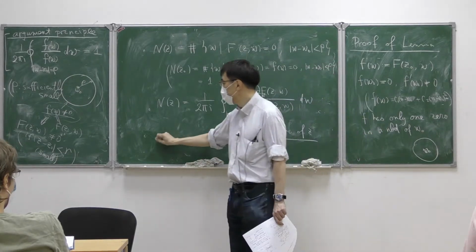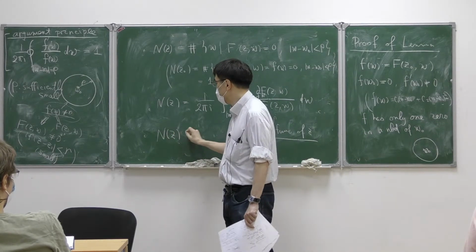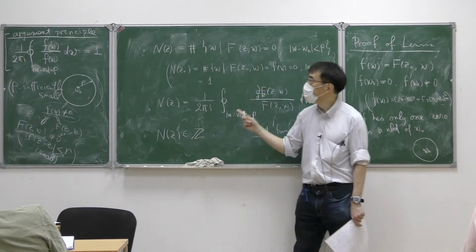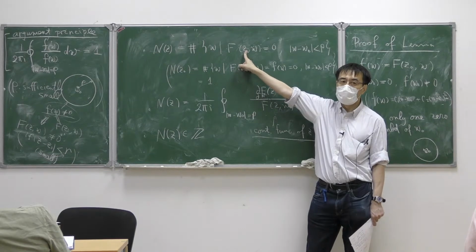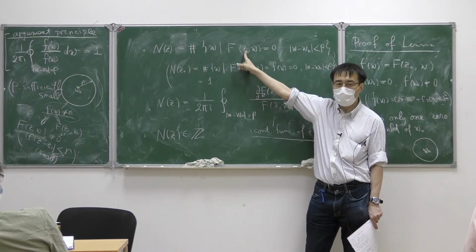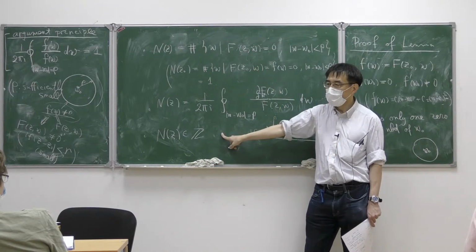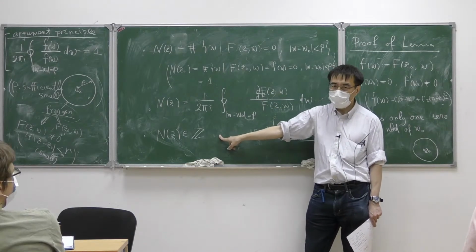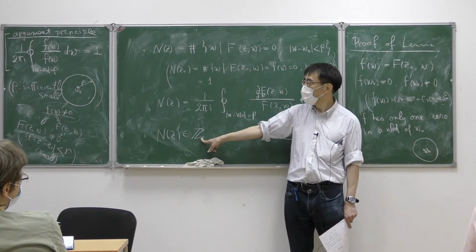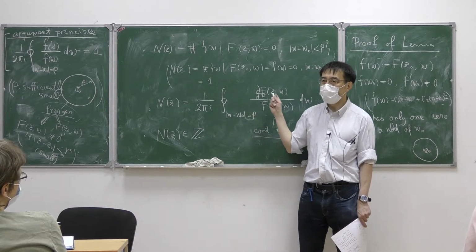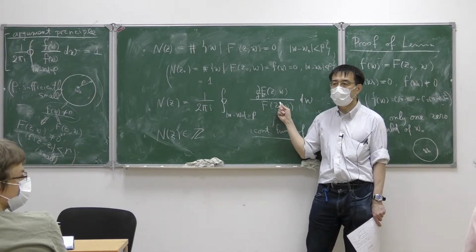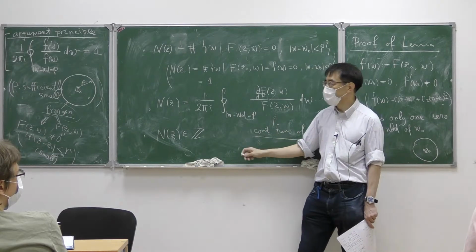And of course, this is a number of zeros. It is just an integer, a natural number, actually. N takes values in the integers, if you like, and it is a continuous function. Then what function is it? Constant.